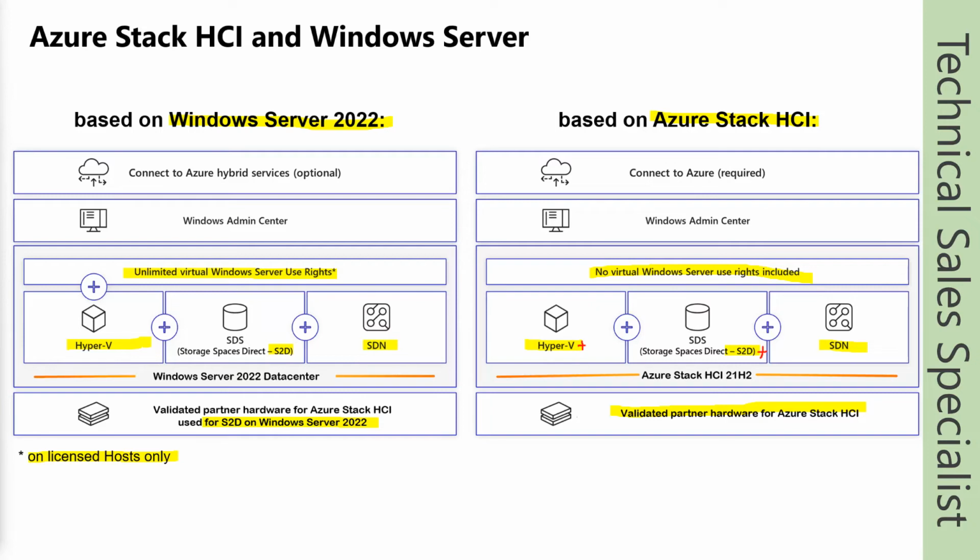And when we discuss adding Windows Server to Azure Stack HCI, using the bring your own license scenario to enable virtual machine workloads with the Windows Server operating system in the VMs on Azure Stack HCI, customers often ask, why should I do this?